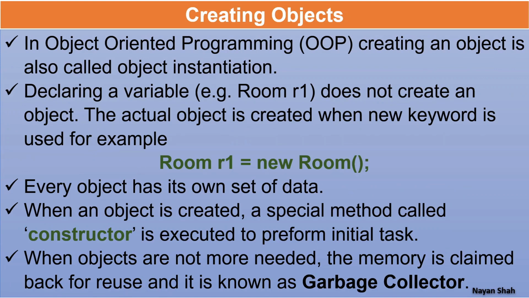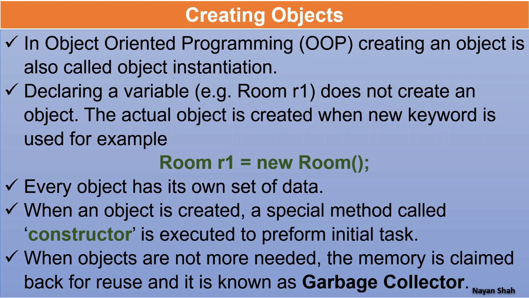Creating an object, the other part. In object-oriented programming, creating an object is also called object instantiation, because only when we instantiate it is the object created and stored in memory. Declaring a variable does not create an object, as I said. Declaring a variable means writing room R1. You consider, as we discussed, room is a data type, like when we write double rate.